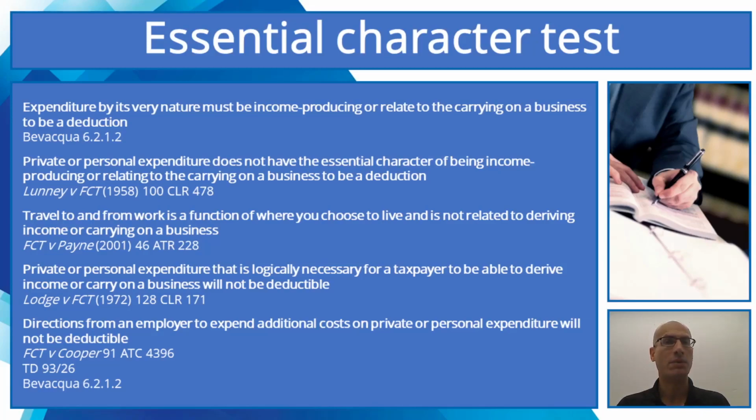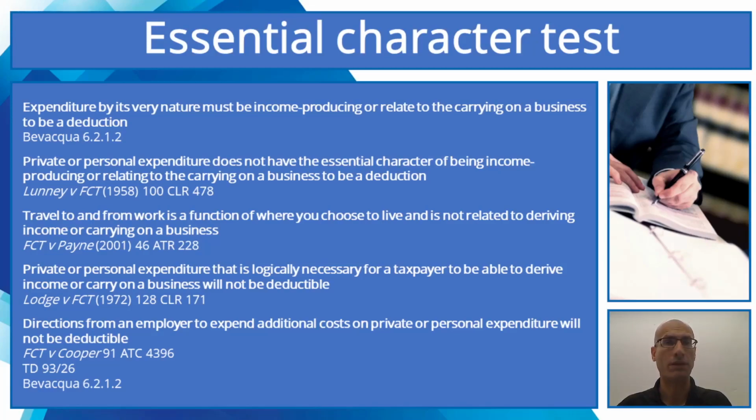Similarly with travel to and from one's residence, it's not the activity itself that's leading to the deriving of income. It's preliminary to that process. So ultimately, it's two sides of the same coin, this essential character test and the second negative limb.